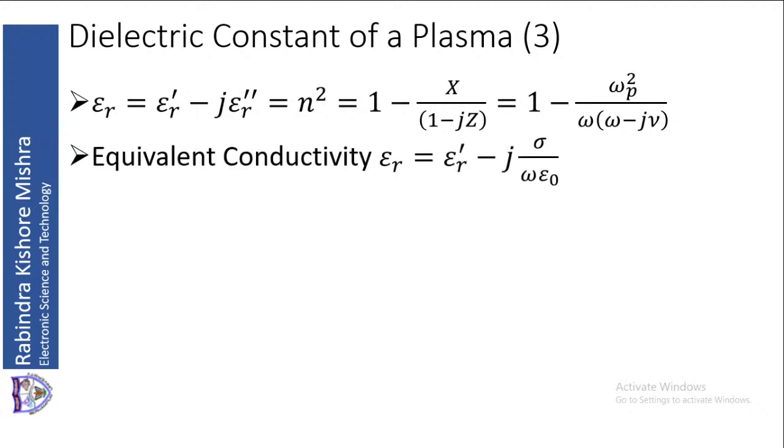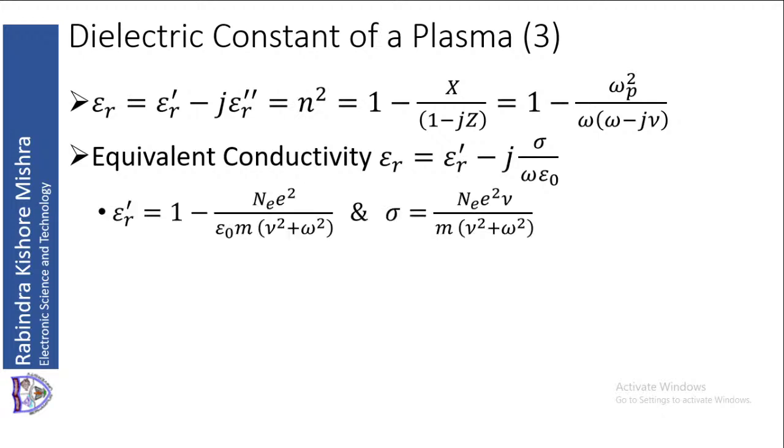Now that we can compare with the expression for the relative dielectric constant in a conducting medium. In a conducting medium, epsilon r is equal to epsilon r dash minus j sigma by omega epsilon 0. So if you compare these two expressions for epsilon r, we can find out the equivalent conductivity.